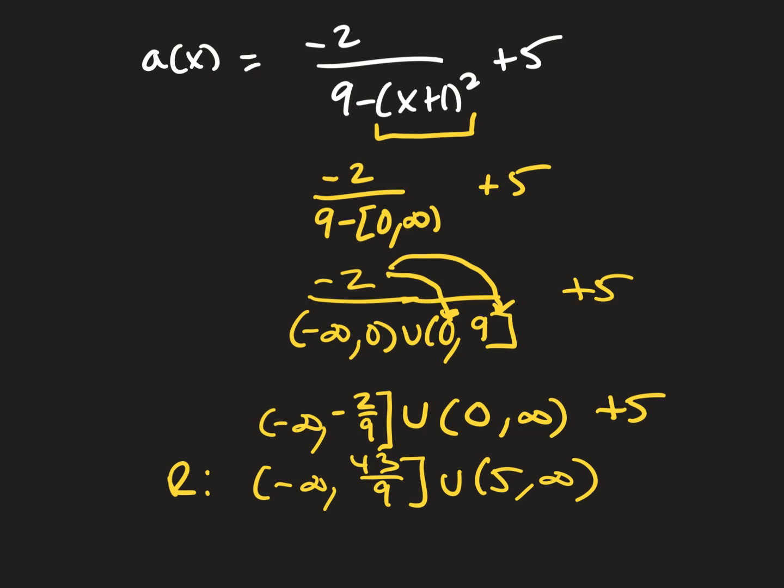Let's move on to B of x. Okay, so B of x is similar in the sense that I have a variable in the denominator, a variable that's squared nonetheless, but I'm inside a square root, meaning I can't be taking the square root of negatives.